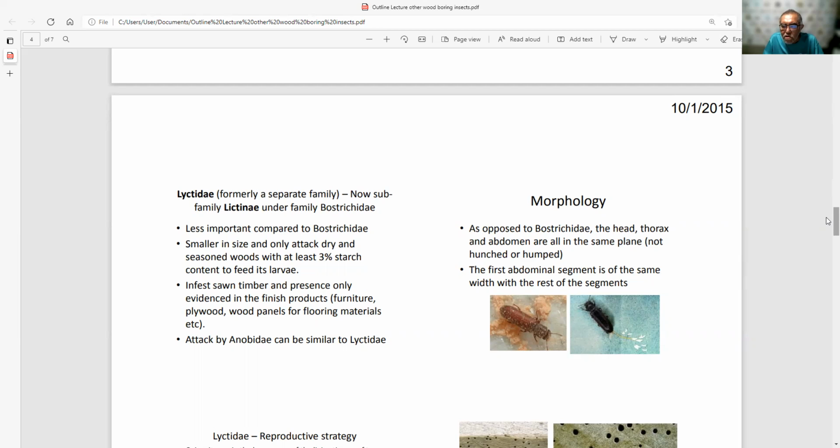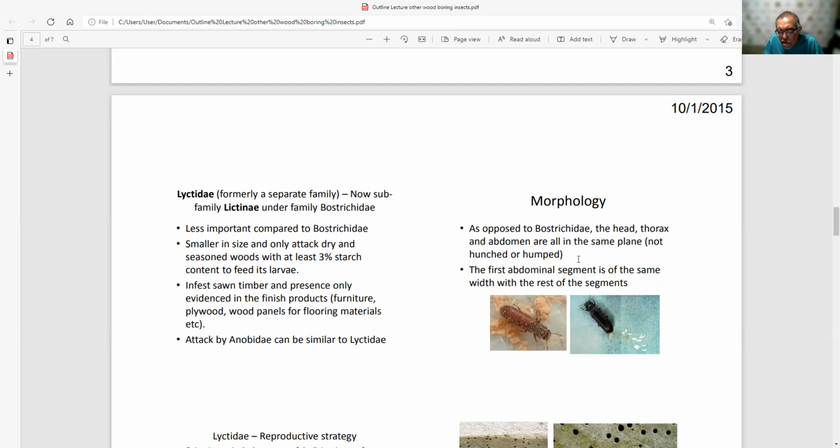Okay. As opposed to Bostricidae, the head, thorax, and abdomen are all in the same plane. So you are talking about Anobiidae here. The first abdominal segment is of the same width as the rest of the segments. So if you are asked what's the difference between Bostricidae and Anobiidae, in Bostricidae, the first abdominal segment is wider, and then the rest of the abdominal segments taper off.